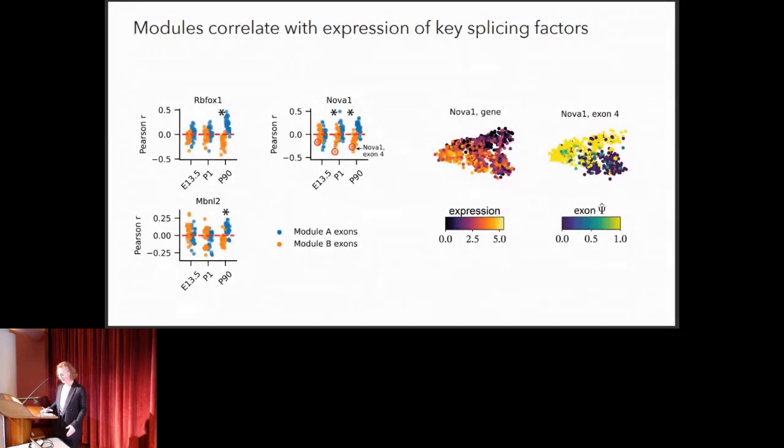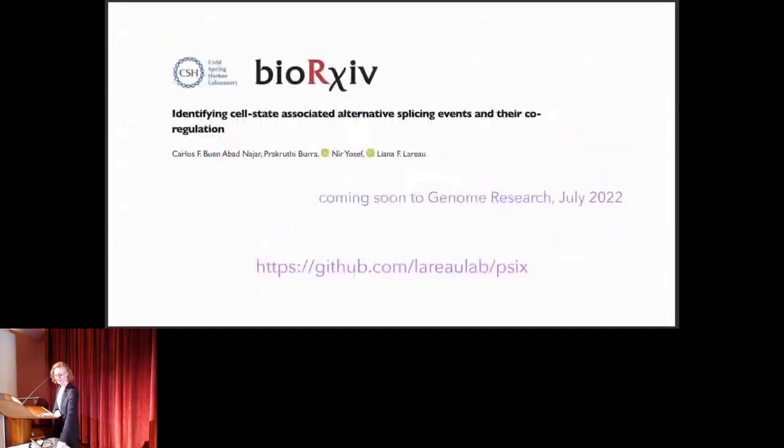And so we are excited to keep working in this direction of trying to piece together not just single splicing factor regulation, but also how splicing factors combine in different patterns to produce this full range of outcomes that we see across all of these alternative exons.